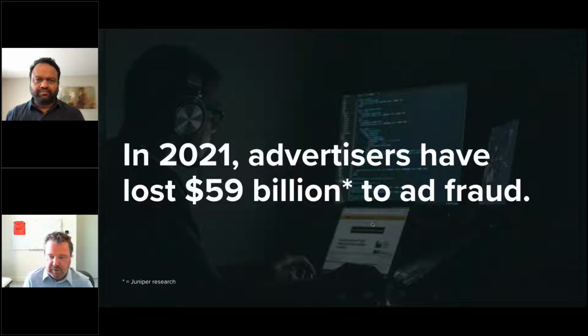There's about $200 billion spent in 2021, according to ANA. And according to Juniper, they were estimating about $59 billion was lost to ad fraud this past year. So PIXALATE as a company is squarely in the middle of helping to protect and stop those bad actors from getting that money and being a part of that bad ecosystem.